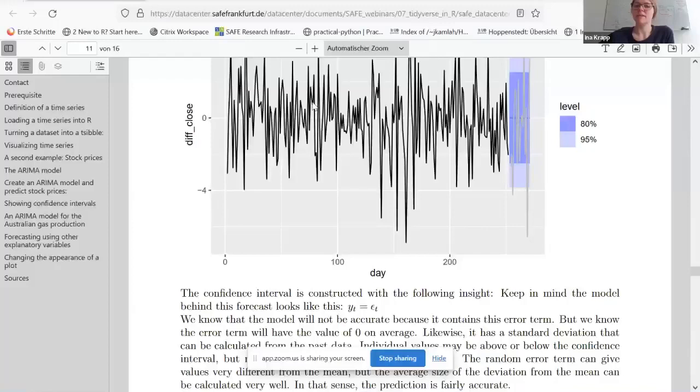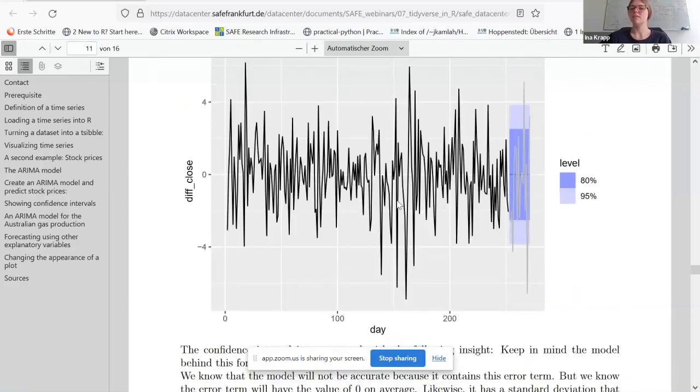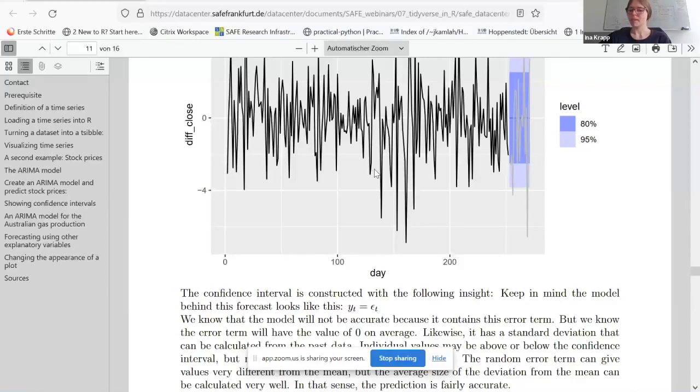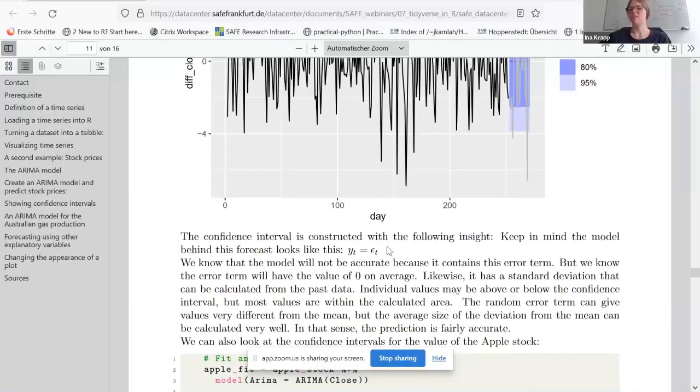And this variance can be calculated from the variance of previous values. The data is stationary, at least weakly stationary. So under this assumption, it's reasonable to assume that the variance in this area will be the same as the variance in this area. And this is why it's so important to take a look at stationarity when attempting forecasts.